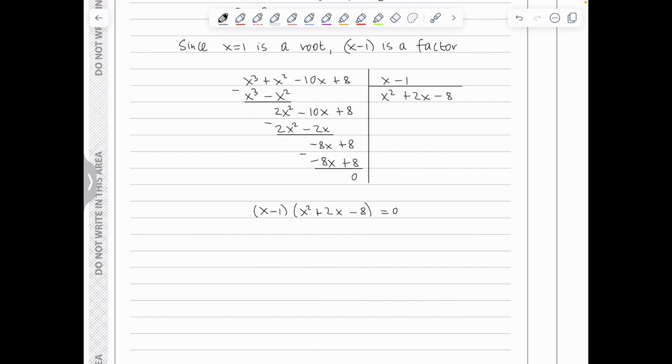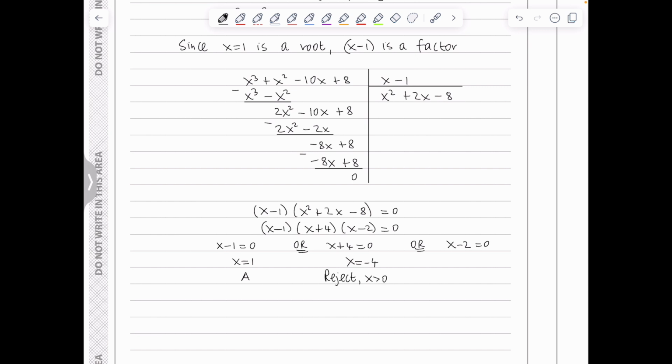This further factorizes into (x − 1)(x + 4)(x − 2) = 0. So we've got either x − 1 = 0, or x + 4 = 0, or x − 2 = 0, which is yielding three different solutions. x is 1, which is obviously point A. x is −4, which is rejected since we know that the x coordinate must be positive.